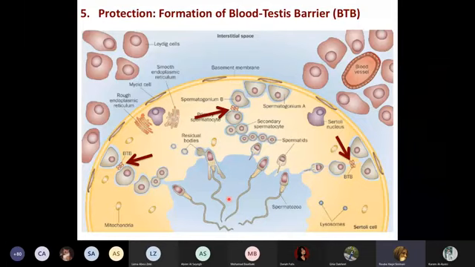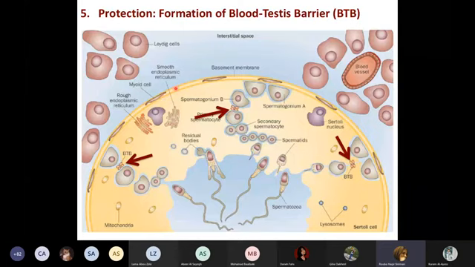Now, this barrier, therefore, is a barrier between the interstitial space containing the blood vessels. Of course, you have here the myoid cells that are the peritubular cells, which are the contractile cells in the basement membrane.